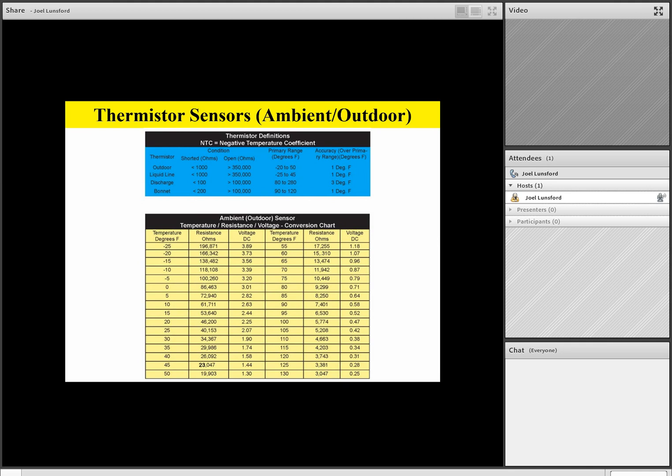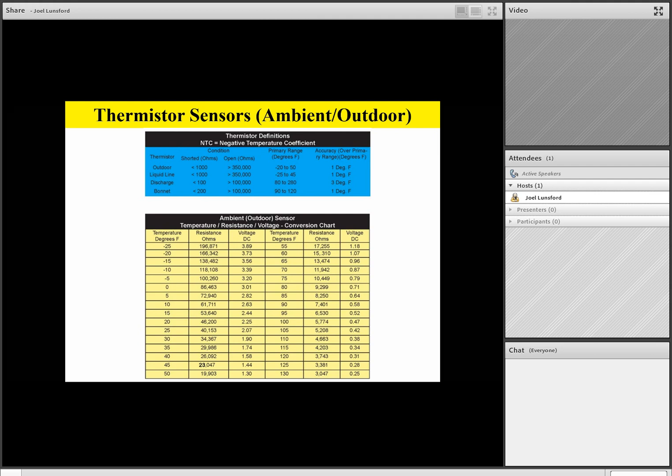And then if I plug it back onto the board, we see it reads 0.47 volts DC at 100 degrees outside. So this is a very important check the technician needs to make if they're checking thermistors or sensors. And you'll notice that in your handout or your workbook, you're going to have an ambient outdoor air temperature sensor chart.